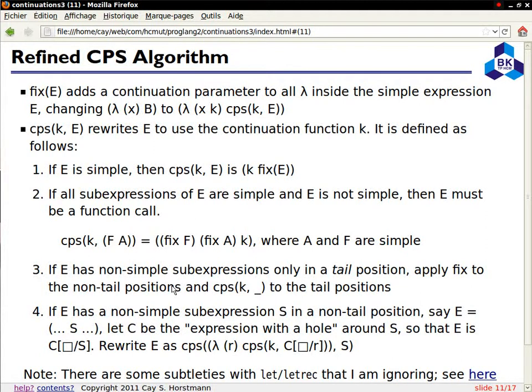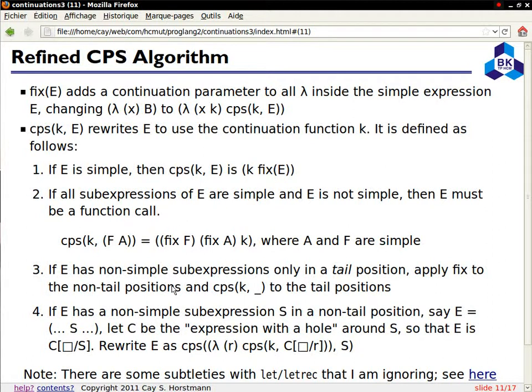So we have a procedure called fix that takes an expression, any old expression that might be made of lambdas or lets or letrecs or ifs or function applications, and fix takes such an expression and modifies it into something that takes an extra parameter k and then recursively goes in and applies the CPS thing, which I'm going to define in the next slide.